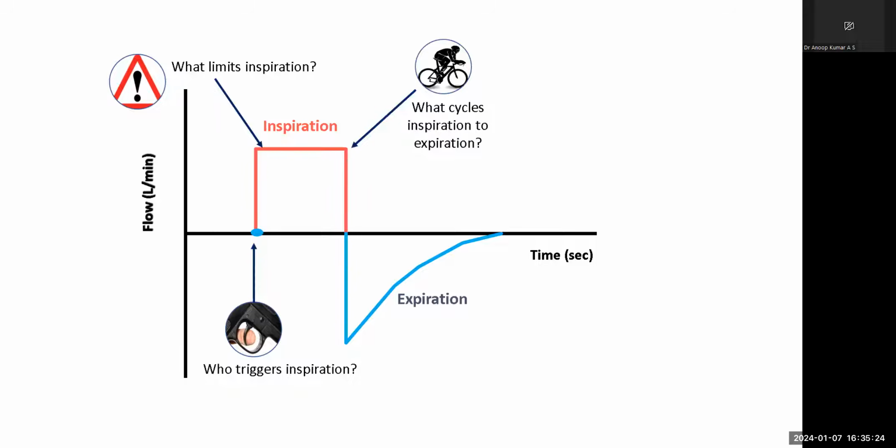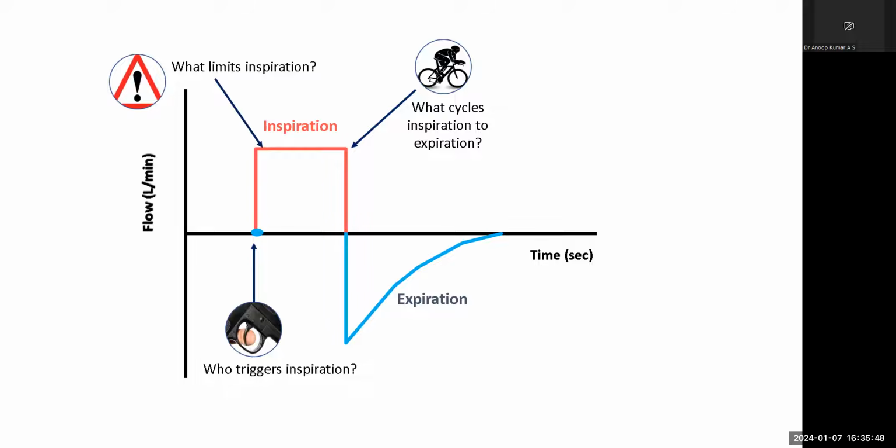Then what cycles inspiration to expiration? Inspiration and expiration are divided by the inspiratory expiratory ratio. On normal default settings, we keep it 1:2. But for a patient with severe hypoxemia or ARDS ventilation, we always go for something like 1:1 if the patient is really hypoxemic.